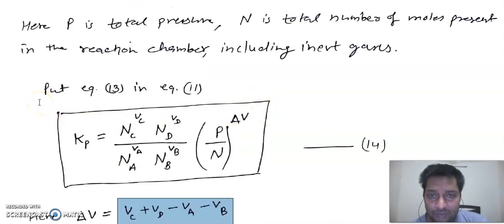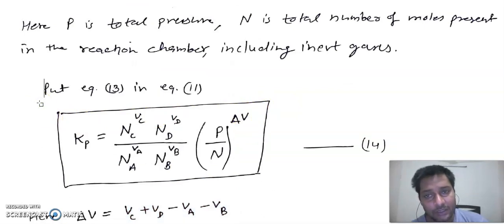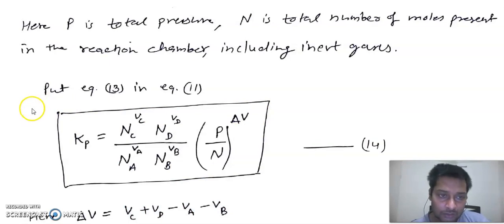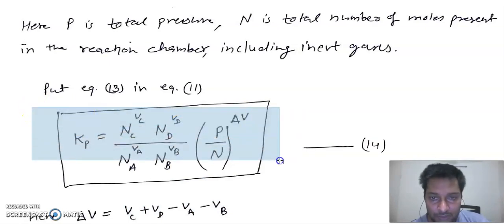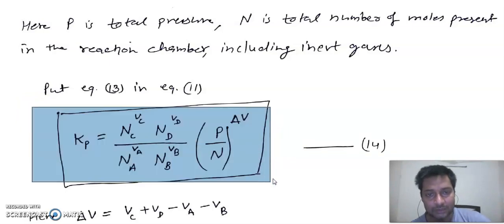In this expression, we take an example in which two reactants A and B react to form C and D. So this expression is especially applicable for this type of reaction, but it will change according to the type of reaction, depending on how many components of reactants and products we have.